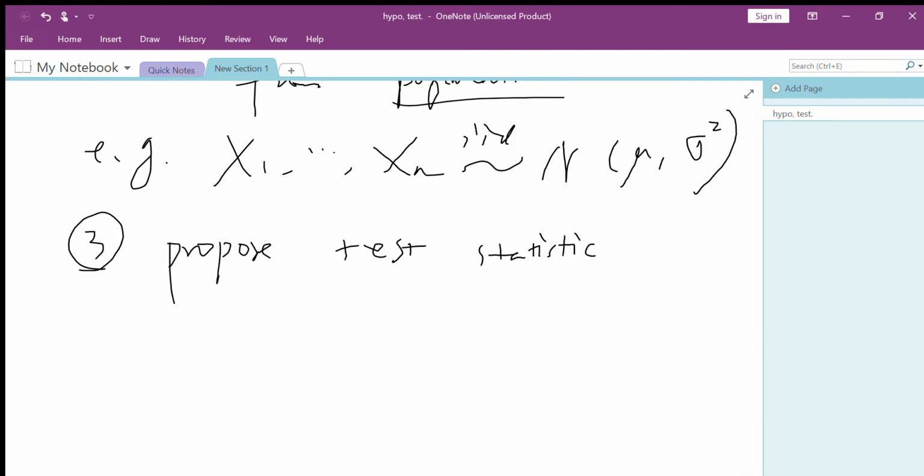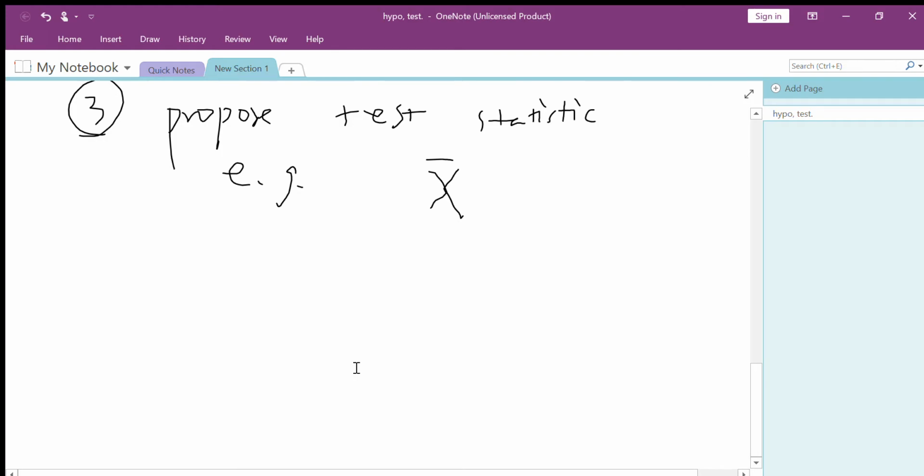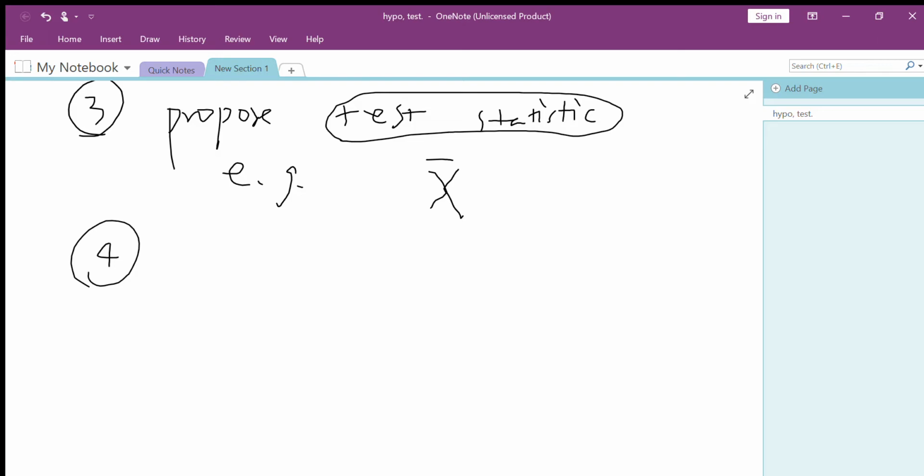For example, sample mean X bar, and in our testing problem, we call the proposed statistic, the function of random sample only, as test statistic. So in point estimation theory, the statistic we use is called point estimator. So in testing problem, we call it test statistic.